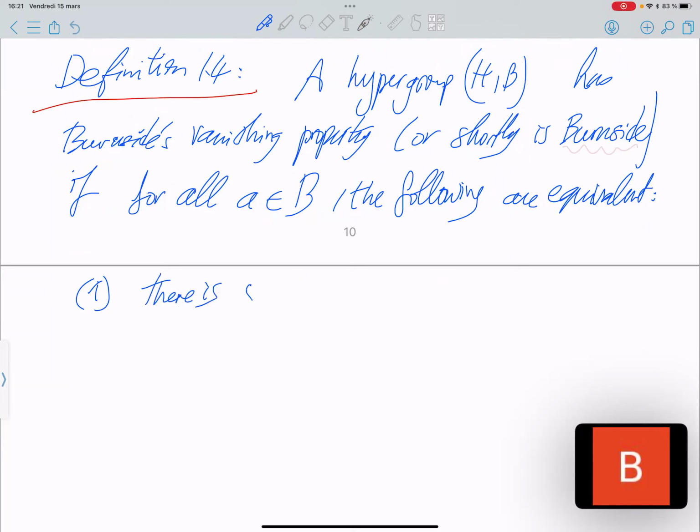There is some mu in the dual basis such that mu(A) is 0, and 2.